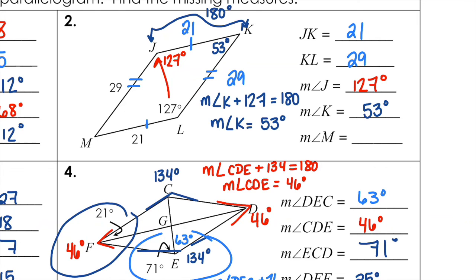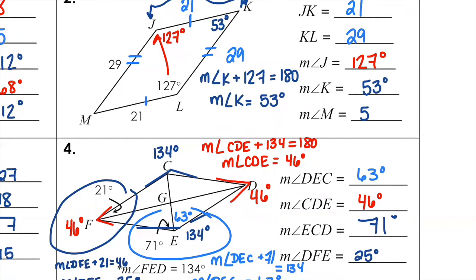Now that we found K, what is M? How come? Opposite angles are congruent. So we know M must be 53. Now, K and L should be supplementary. M and L should be supplementary.